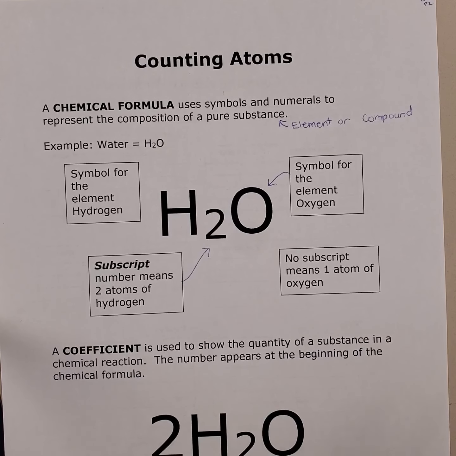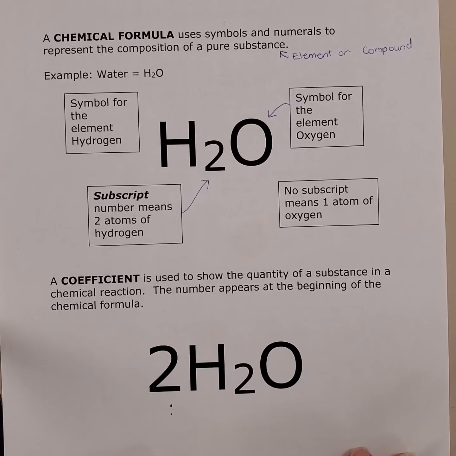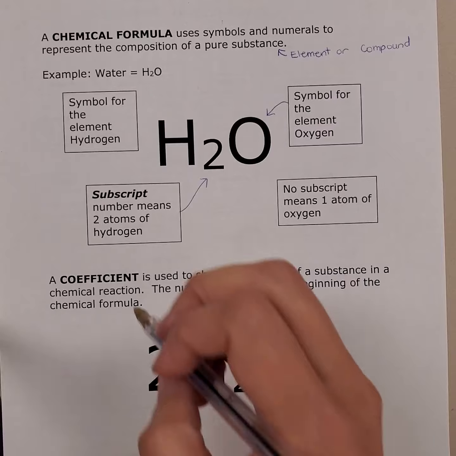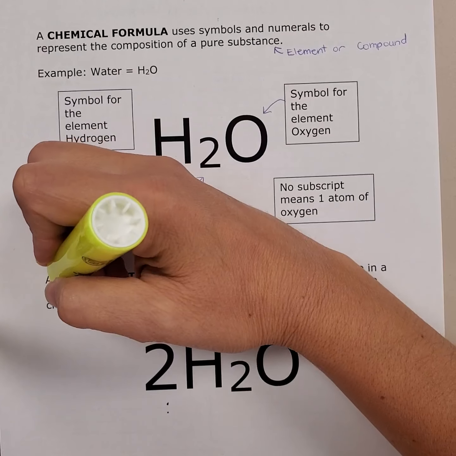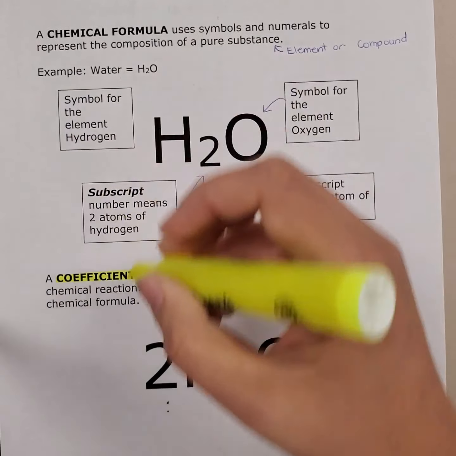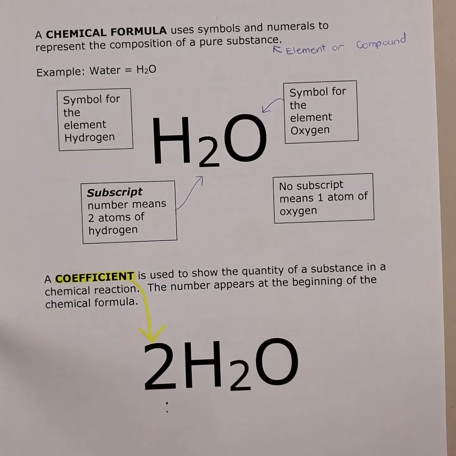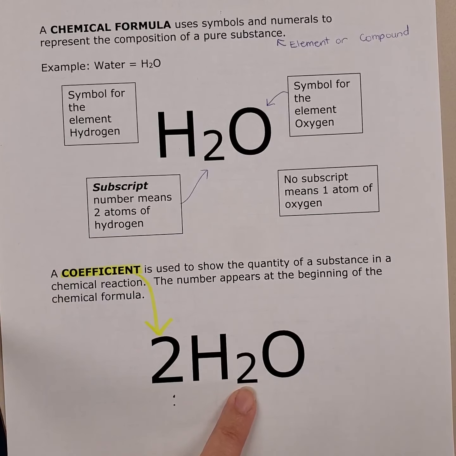Now we can add a coefficient to show the quantity of a substance in a chemical reaction. When you use a coefficient, it occurs at the beginning of the chemical formula. So the 2 is a coefficient. This 2 is called a subscript.